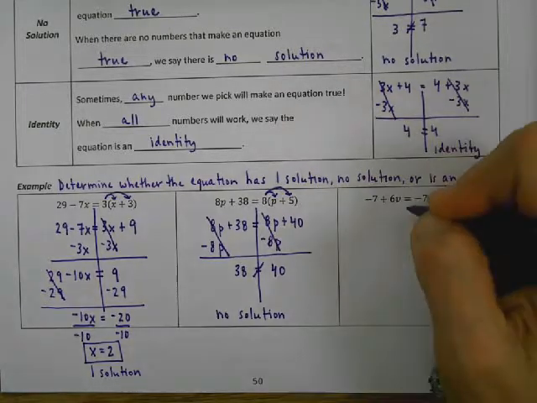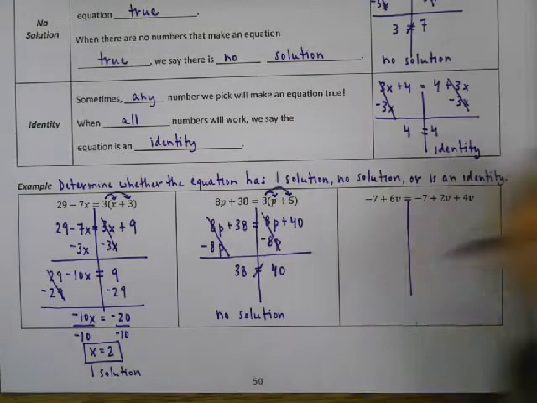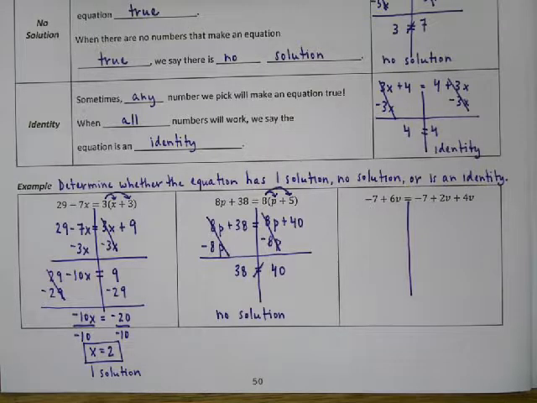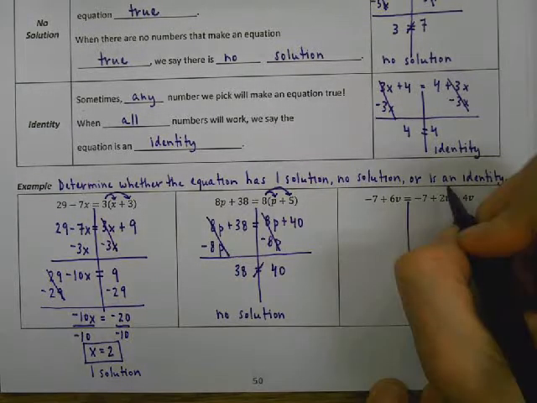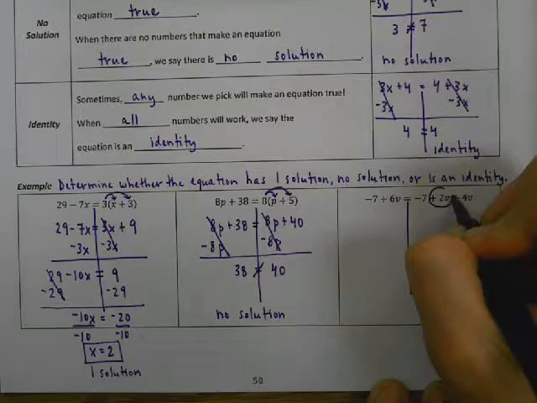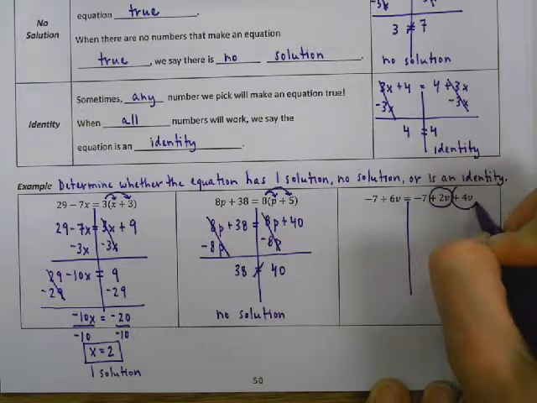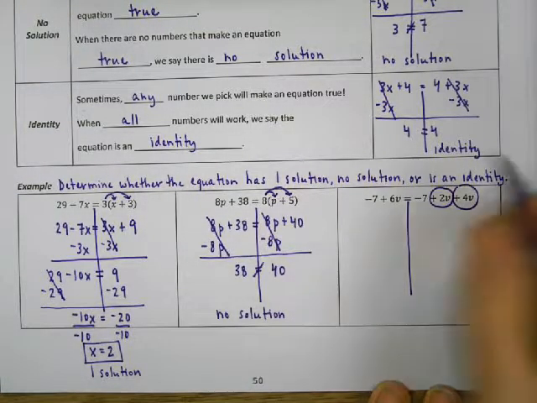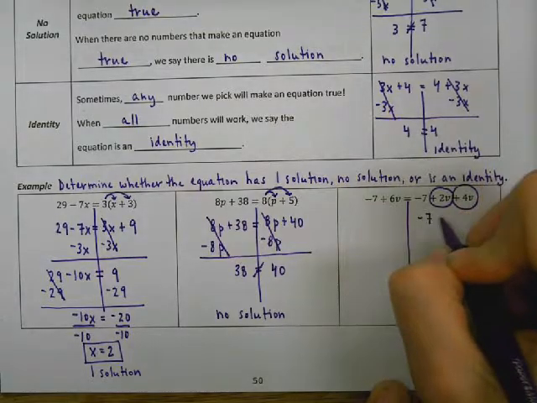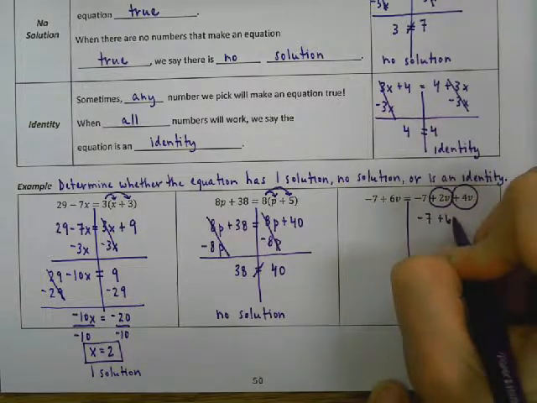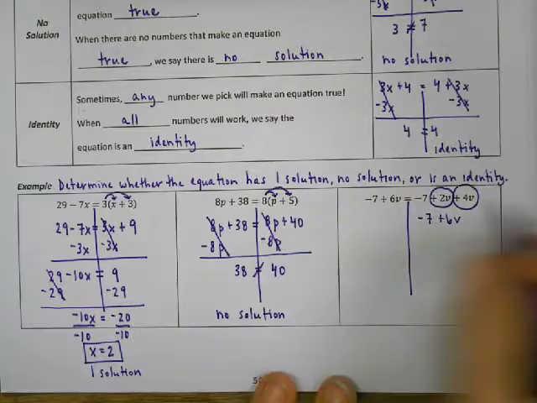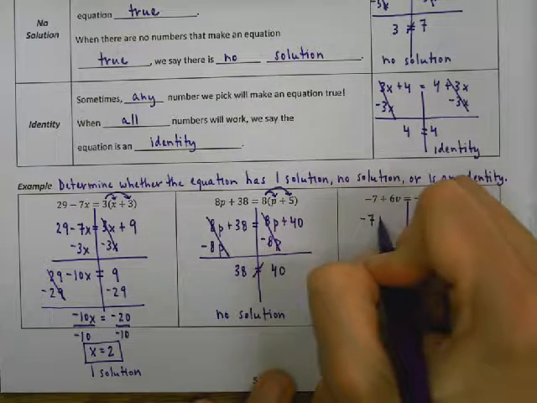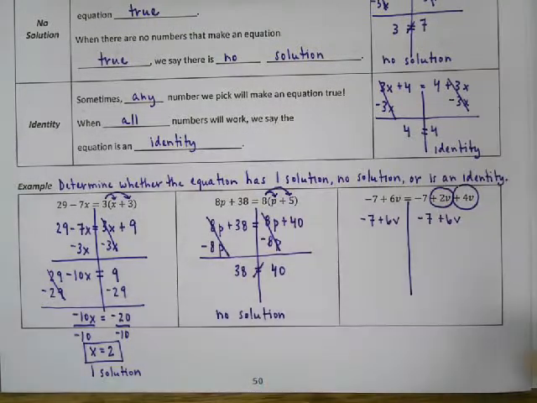All right, so the last piece then over here. I don't see any parentheses, but what I do notice is that I have some like terms on this side. So I'm going to go ahead and combine those before I try to solve. So negative 7 plus 6v. And over here I have negative 7 plus 6v.